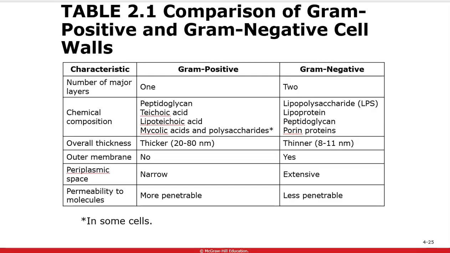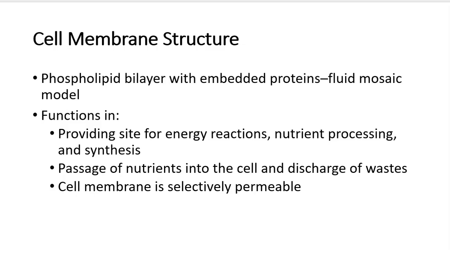Gram-positives do not have an outer membrane. Gram-negatives have that outer layer, LPS. The space in the gram-positives is narrow, whereas the space in the gram-negatives is pretty extensive. So gram-positives are more permeable to molecules in terms of you can get stuff in, whereas gram-negatives are not because of all this layering that it has. Okay.